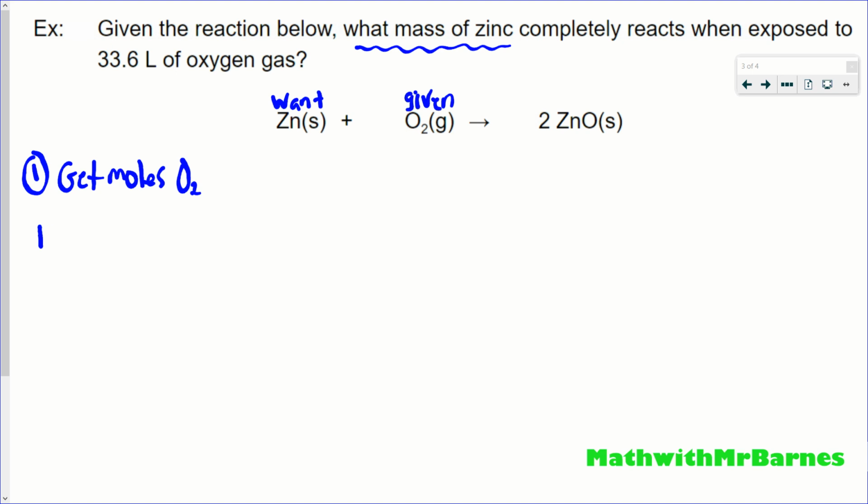So anytime you got a gas, chances are you're going to use this formula: number of moles is equal to volume over 22.7. That's volume at STP. So 33.6 divided by 22.7. I'm going to quickly check to make sure that's the right number. Yep, okay. And then 33.6 divided by 22.7.